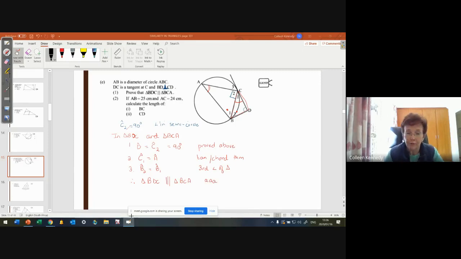Just so you know, this would be worth 3 marks, maybe 4 because you had to do the C2 equals 90. For the 3 marks down here, if you just gave me line 1, line 2 and the last line, you don't have to put the third angle of a triangle. You would get 3 out of 3.